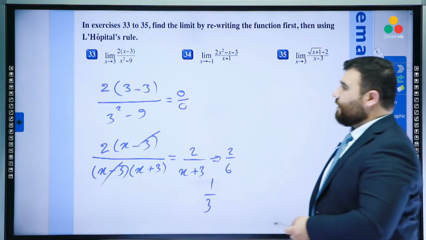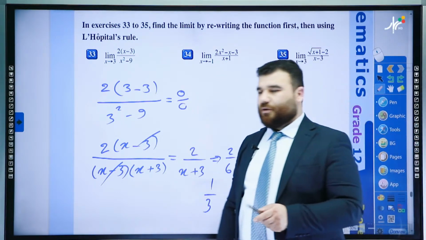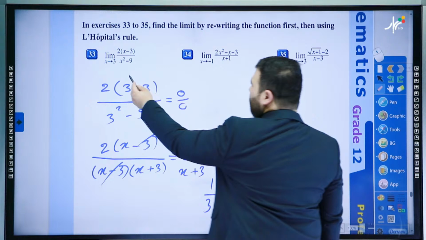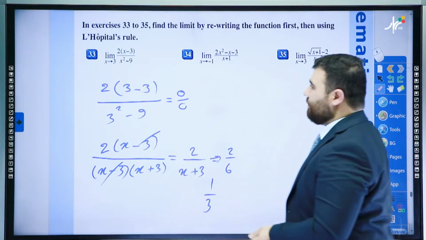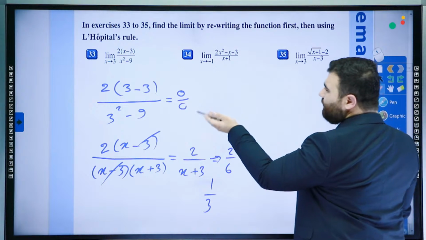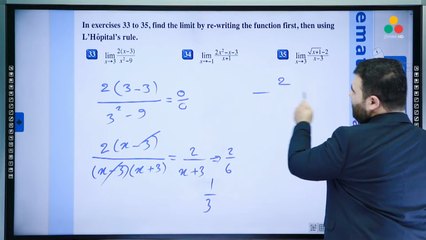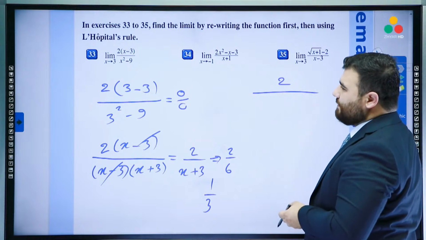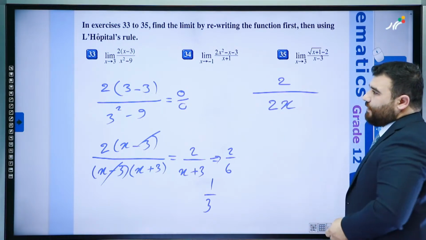This is one way. The other way is, since I get 0 over 0, I can directly use L'Hopital's rule. Then using L'Hopital's rule, we need to simplify it first. It will be 2x minus 3, then the derivative of 2x is 2. That's up. And down is x power 2, the derivative of x power 2 is 2x, the derivative of 9 is 0.